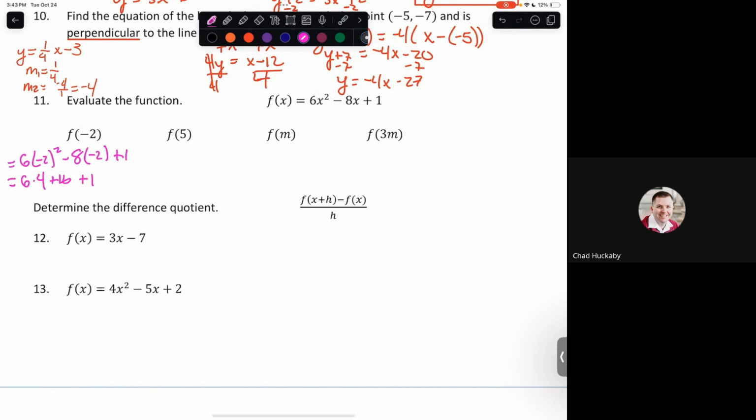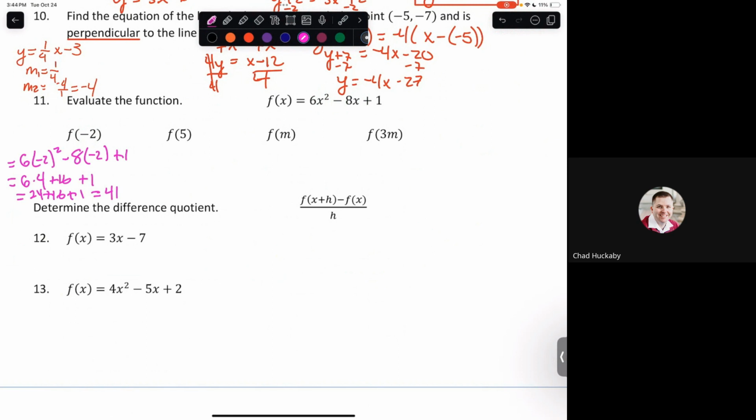Plus 1. Well, 6 times 4 is 24, plus 16 plus 1. 24 plus 16 is 40, plus 1 is equal to 41. So that's your final answer there. f of negative 2 is equal to 41.